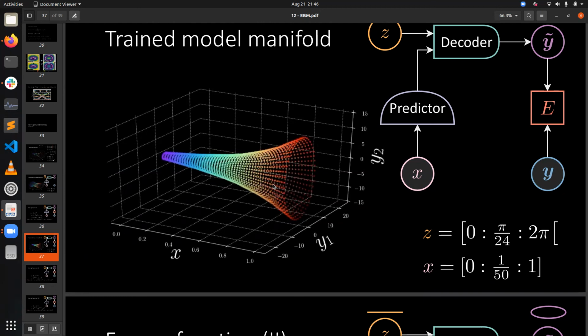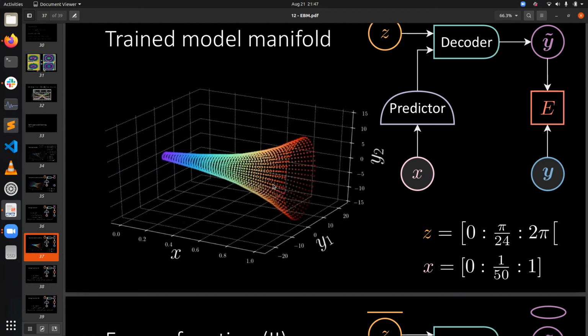We can set it to some simple distribution like a Gaussian and just sample from it, but in that case we have kind of an unconditional decoder.